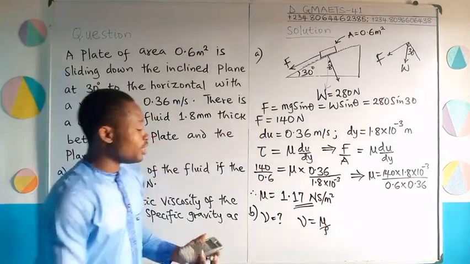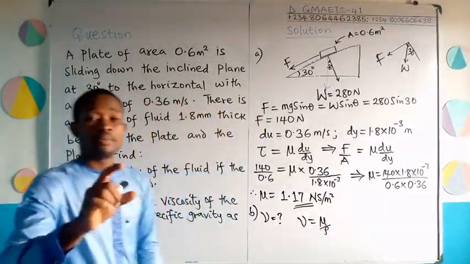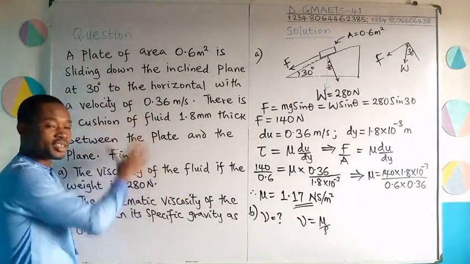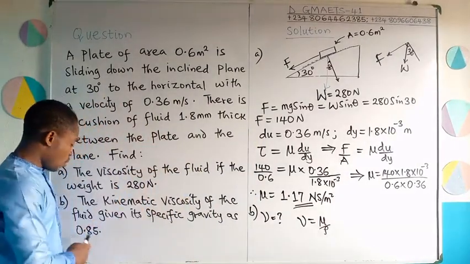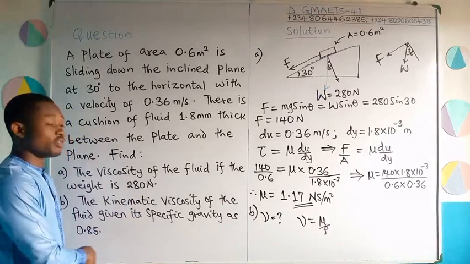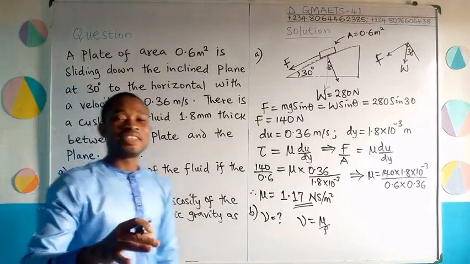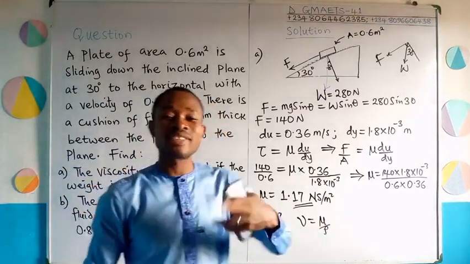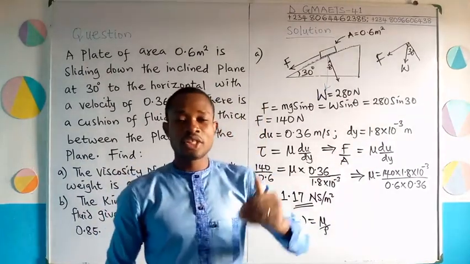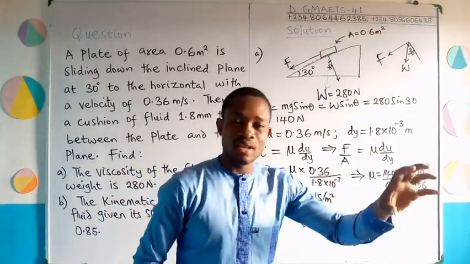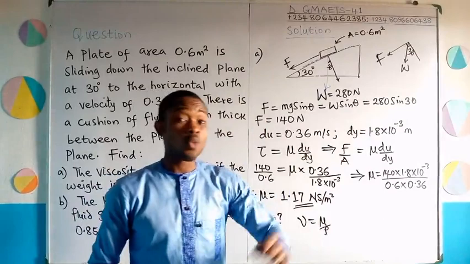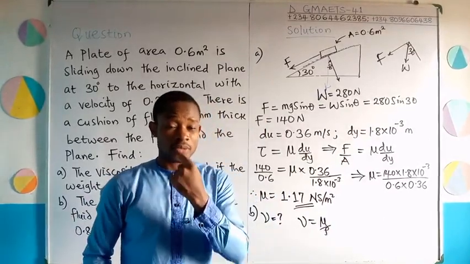Now our problem is to get the density of the fluid, because in the question we're not given the density of the fluid. But look at what was given to us, the specific gravity of the fluid. The specific gravity is the same as relative density, which relates the density of any liquid to that of water. The density of water is 1000.